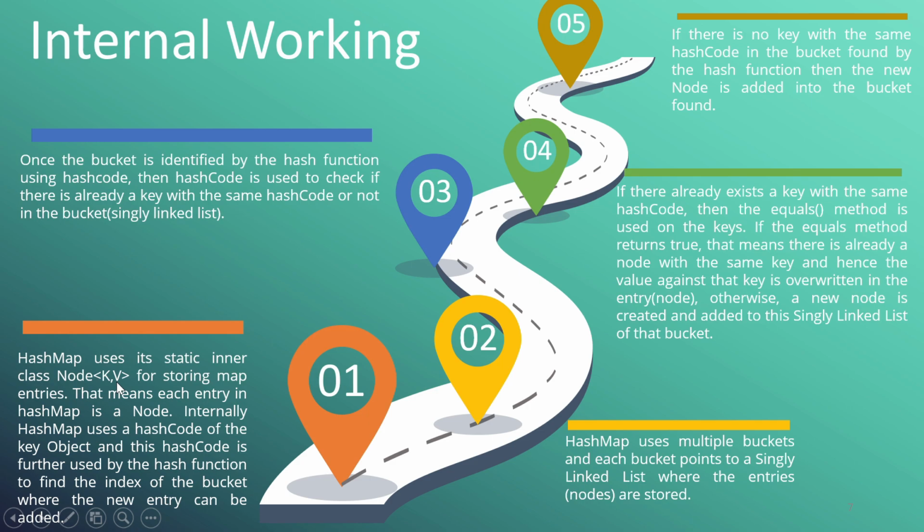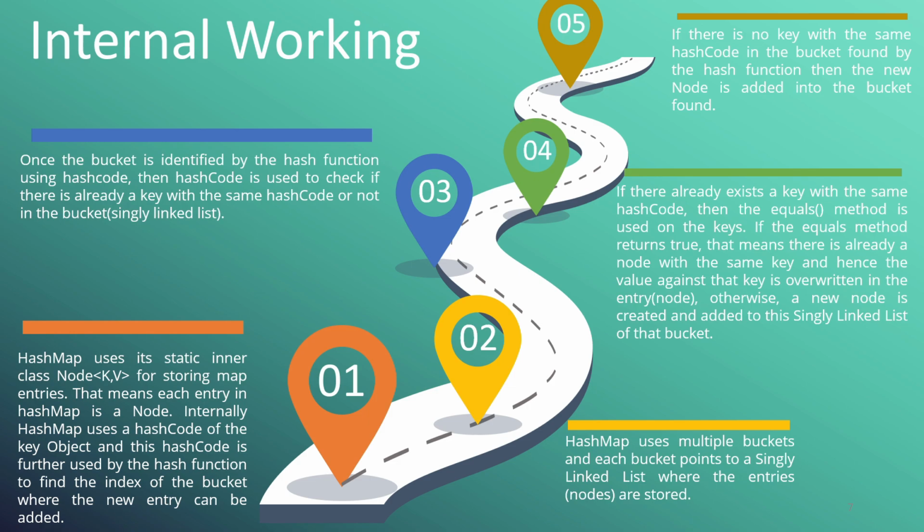This Node is actually a linked list node that it uses for storing the entries in the map. By entry, I mean a pair of key and value. That means each entry in the hash map is a node, which contains the key and value of the data that you are trying to store into the hash map.